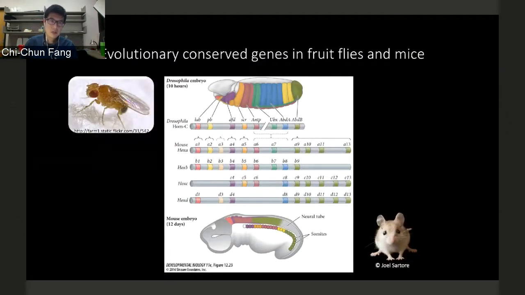And when people study the germ-band, we use conserved genes. What do conserved genes mean? Conserved genes means you can see the same genes show up for similar purposes in different species. In the textbook example, people compare the Hox genes in flies, Drosophila, and mouse.